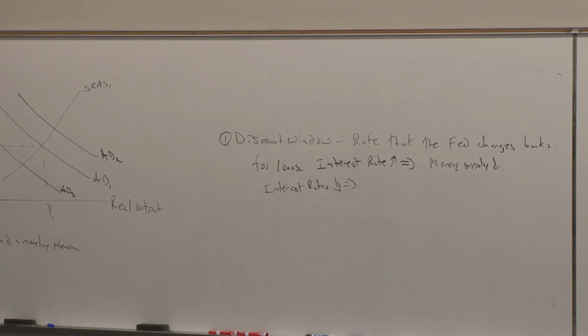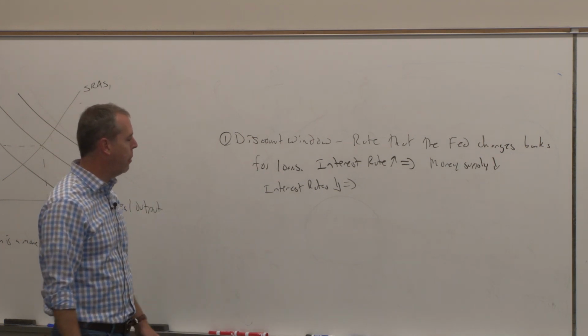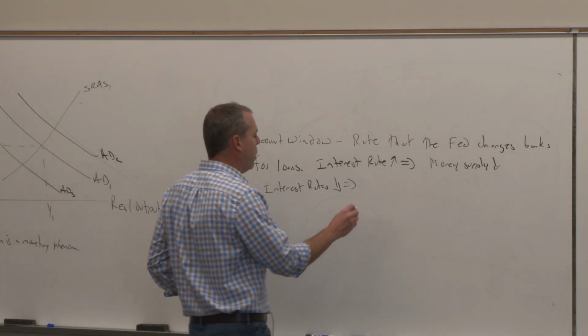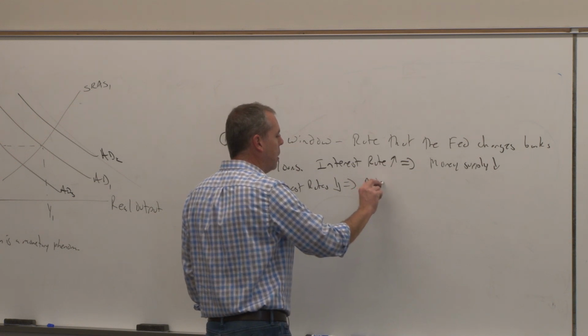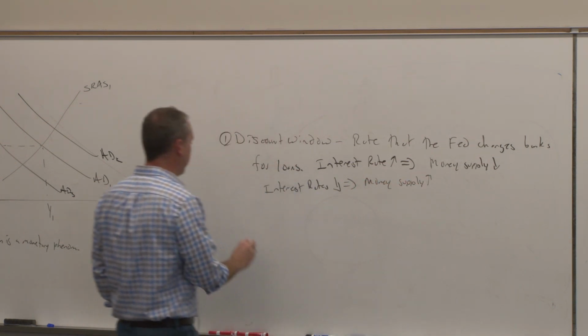Who cares? Go ahead and make the notes. Go ahead and make the loans to people, right? Yeah, here's $90 million worth of loans, because if I guess wrong and I need to borrow from the Fed, it's not going to cost me that much, right? So we see if interest rates go down, we're going to see the money supply increase.